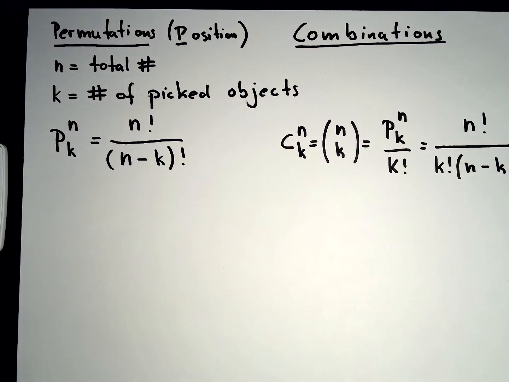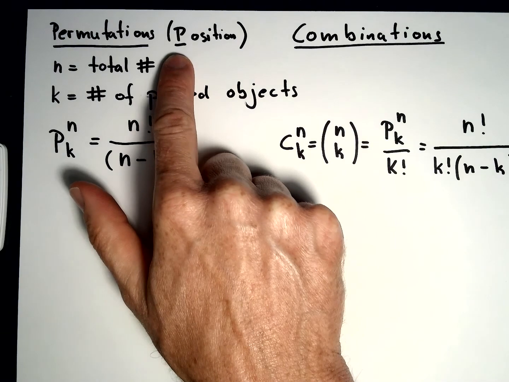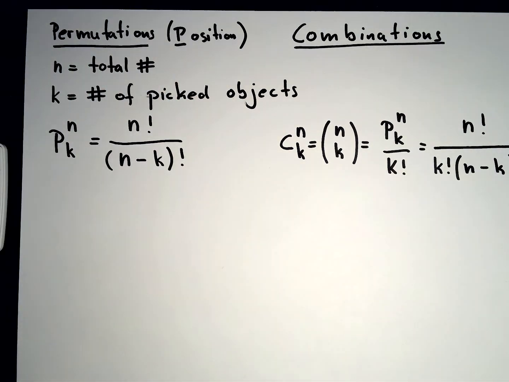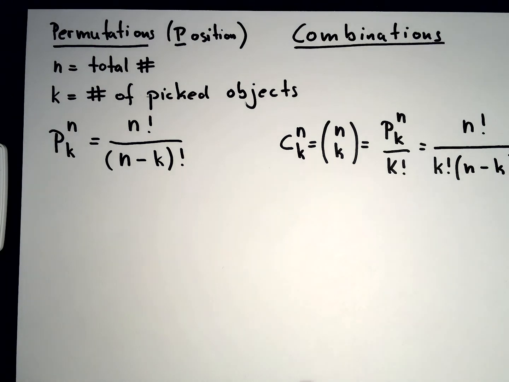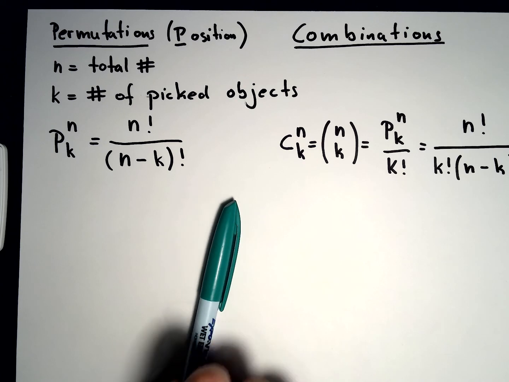Permutations is the arrangement of objects where the position matters. So as an aid to remember whether the position matters or not, think about P, position, and permutation starts with a P as well. In combinations, the position does not matter. So let me illustrate this with a couple of pens.